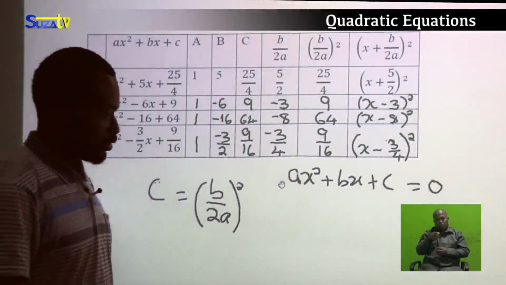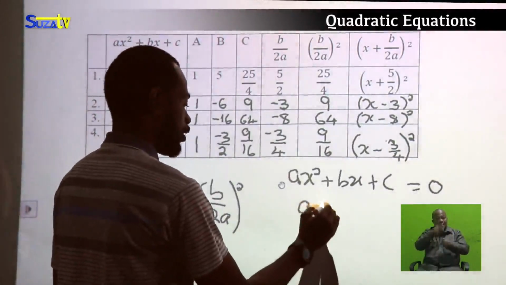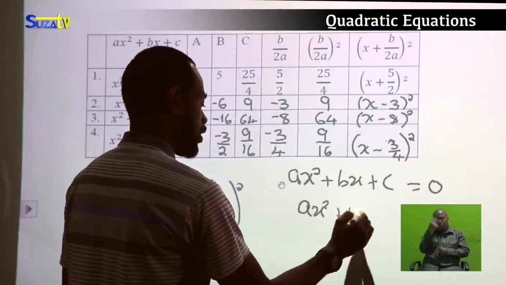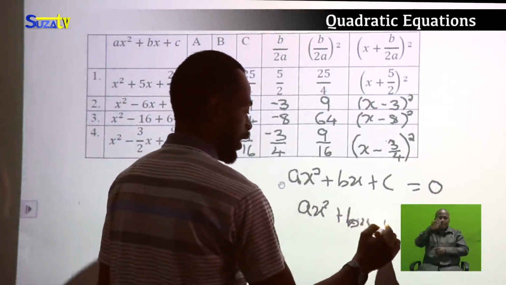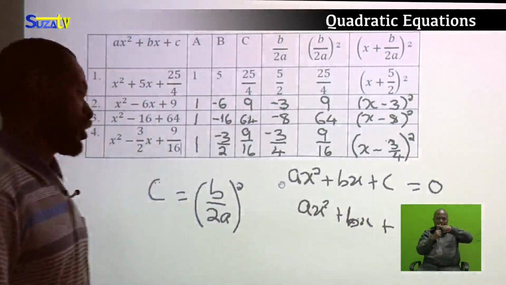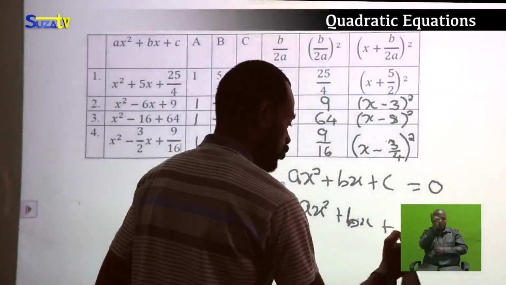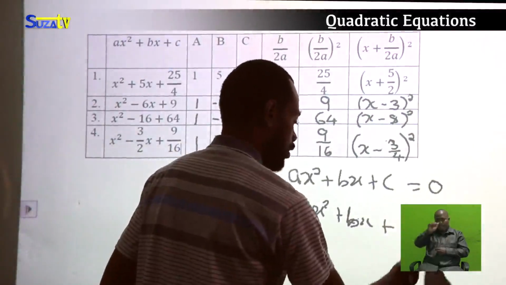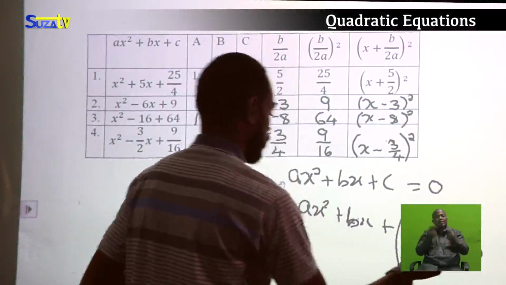So we can see that ax squared plus bx plus c, which is b over 2a, the whole thing squared, this is equal to 0.